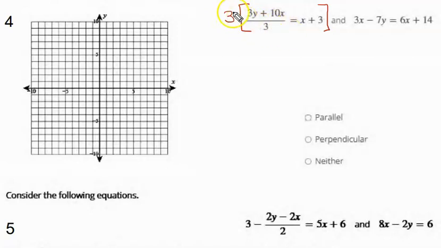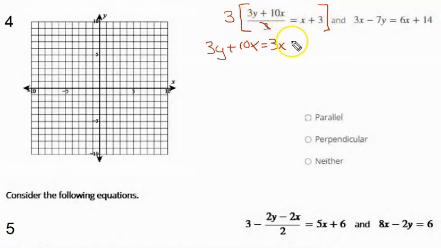Now on this side, this is all one term because of this grouping symbol, division bar. The 3's cancel out, so we're left with 3y plus 10x. And then now we have to take the 3 and multiply it by this x, and we get 3x.